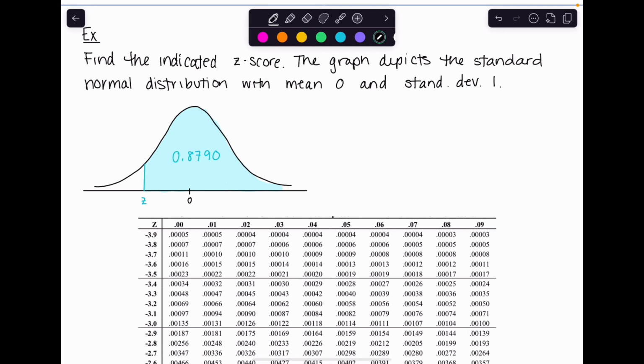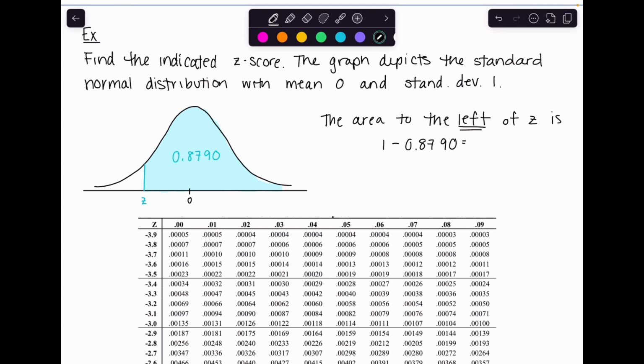Let's try another one, but let's make it more complicated. We want to find the indicated Z-score. The graph depicts the standard normal distribution with mean 0 and standard deviation 1. What they tell us this time is the area to the right of this Z-score. But again, my Z table is going to tell me the area to the left of that Z-score. So instead, the area to the left of Z is 1 minus this amount.